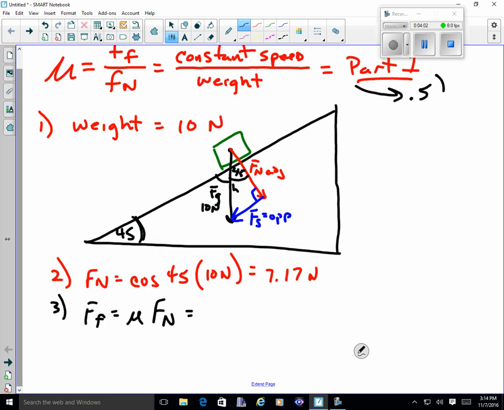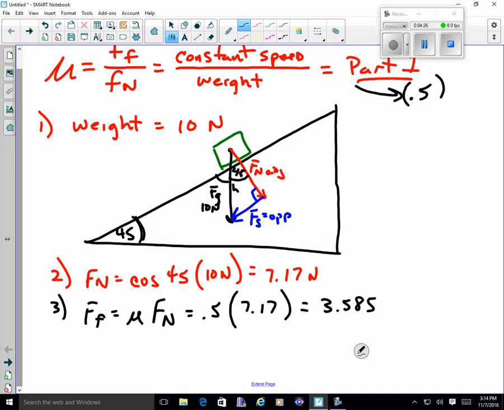Well, I'm going to put in the 0.5 from part 1 times the normal force of 7.17. And so that's going to be somewhere in the general vicinity of about 3.58-ish. And so that's going to give you the friction force in newtons.